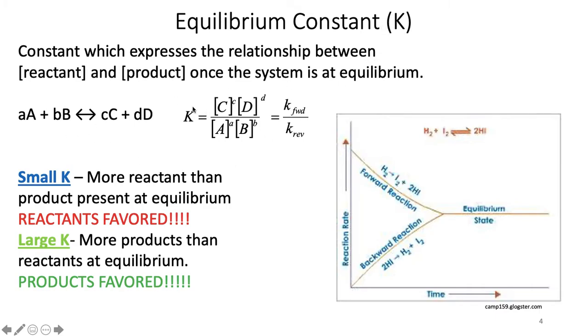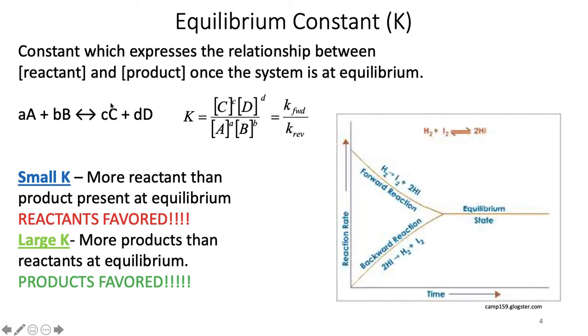We write the value for K the same exact way as we do for Q, because K is a special case of Q. So here's the same formula that we just talked about. To make it easier to remember, P comes before R, so products over reactants.